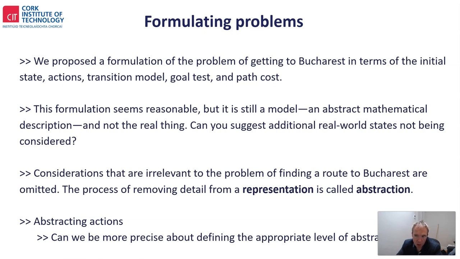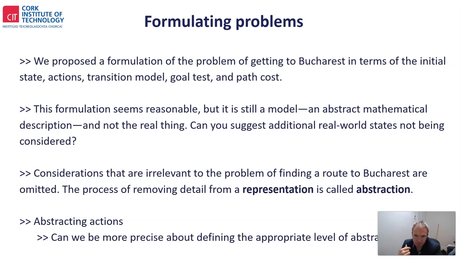So while it could seem a reasonable formulation, as it is a model, what we would like is a more abstract mathematical description as opposed to the real thing, because it avoids a number of the real world states that can cause us problems in deriving a solution. Any considerations that are irrelevant to the problem of finding a route to Bucharest are omitted, and the process of removing detail from this representation is called abstraction.